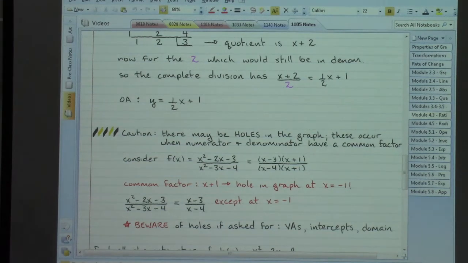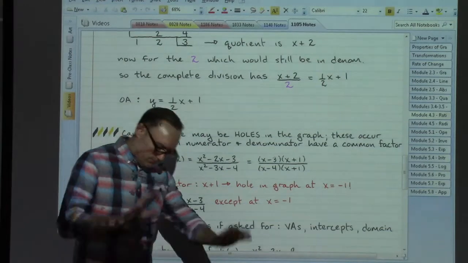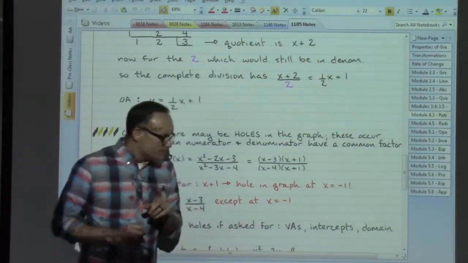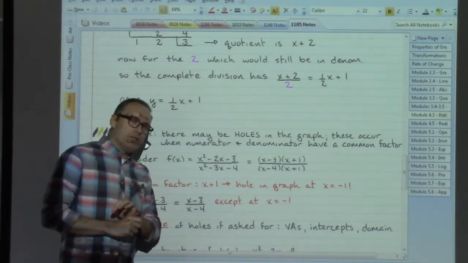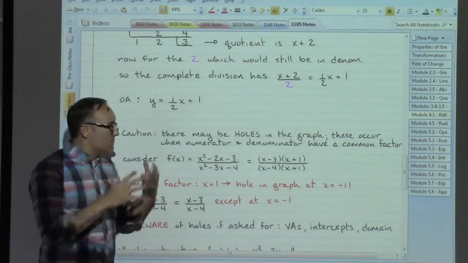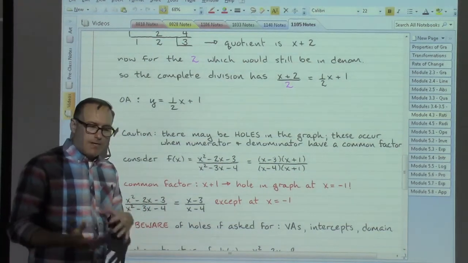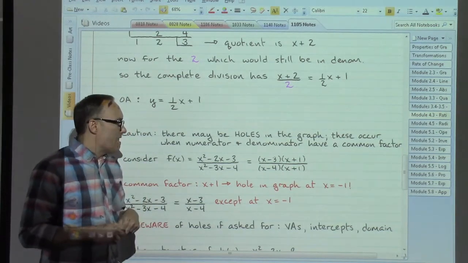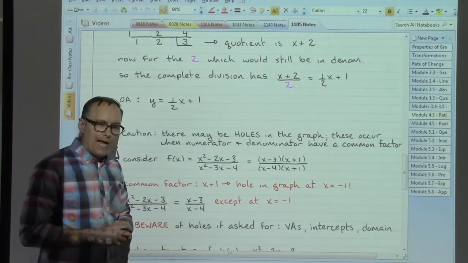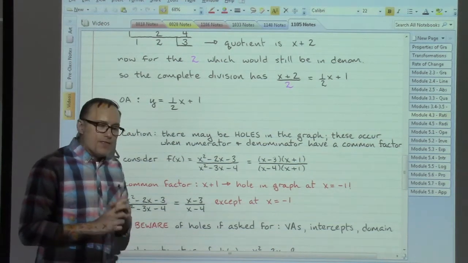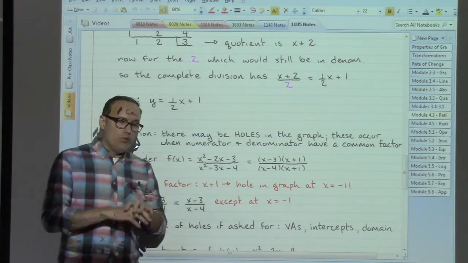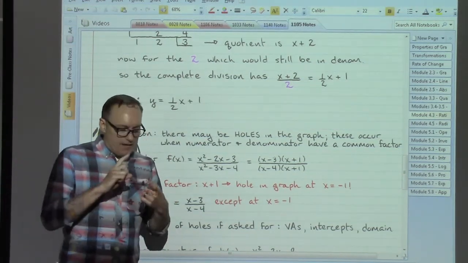So here is that sneaky part that I had mentioned earlier about coming into play with our vertical asymptotes. There is this possibility, as we're looking at things being tied in with denominators and numerators, that if there's a factor that is the same between the numerator and the denominator, a common factor between the top and the bottom, then that's going to correspond to a hole. That hole would not be tied to a vertical asymptote.